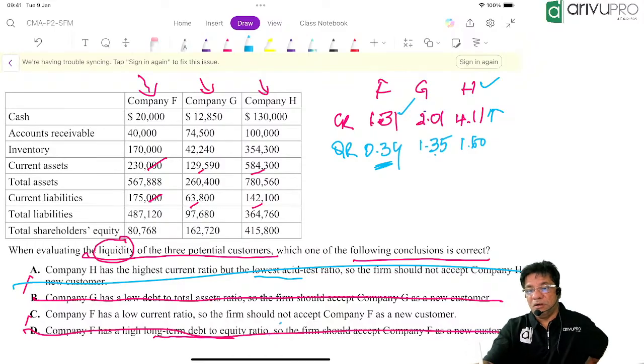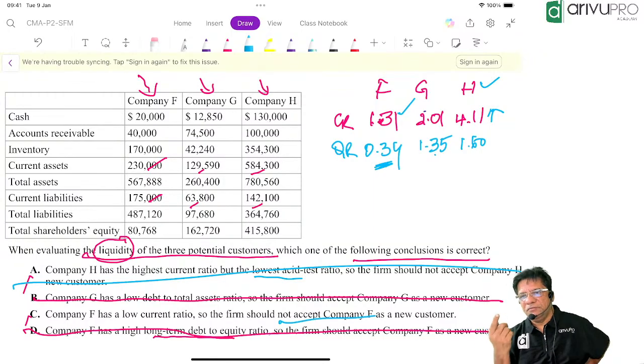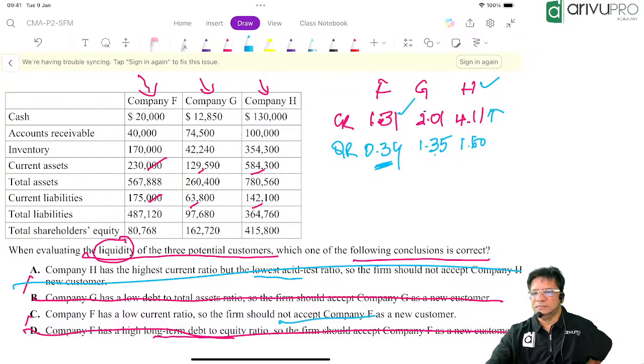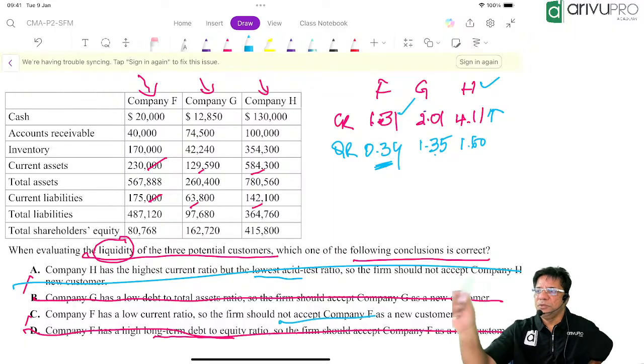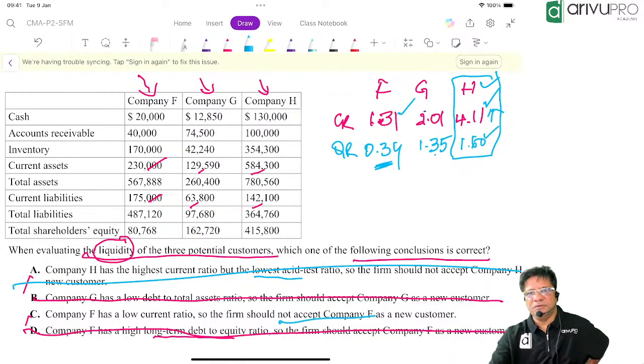So the firm should not accept company F, because if we deal with F, no chance of getting our money. With whom will you work? H, no? H has the highest current ratio and also the highest quick ratio. You will love to work with H on credit terms.